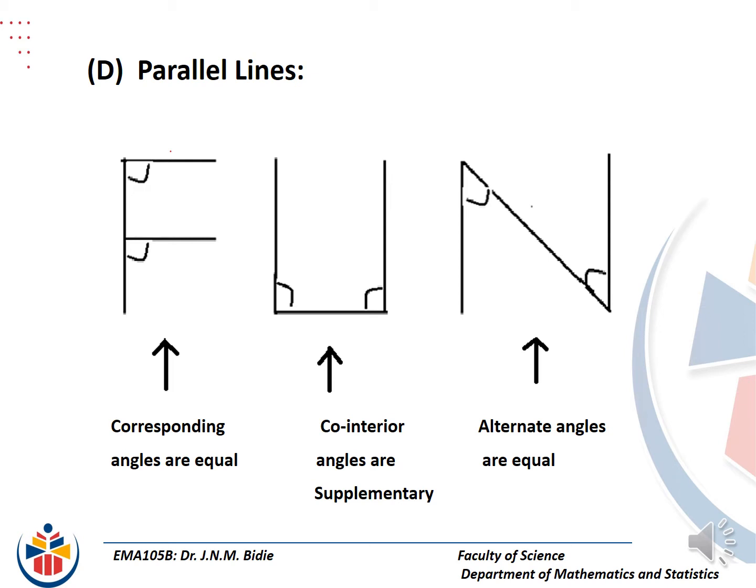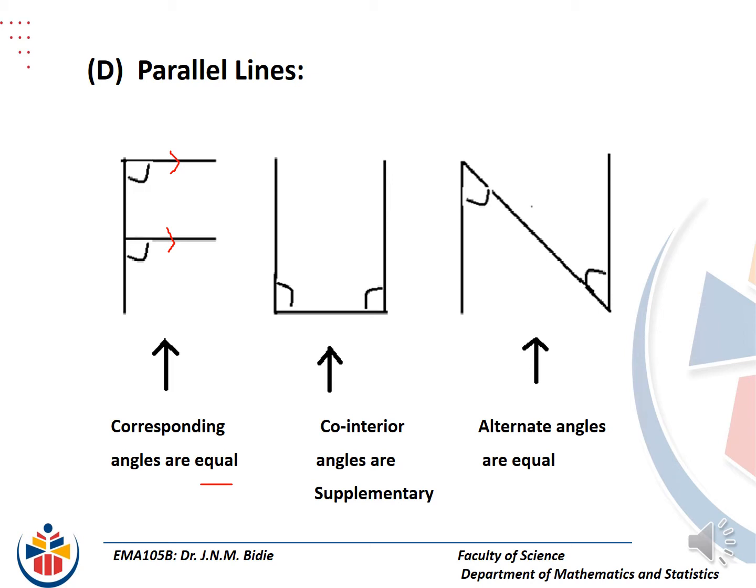If we have those two lines parallel, then that means we have F, and those two angles are called corresponding angles. And according to the properties of parallel lines, the corresponding angles are equal.